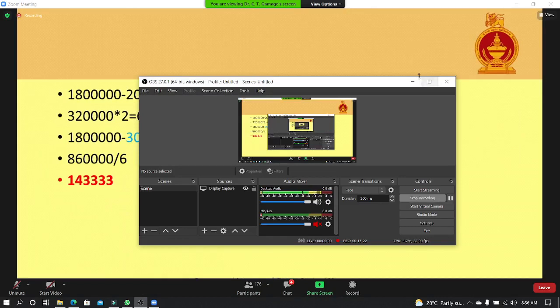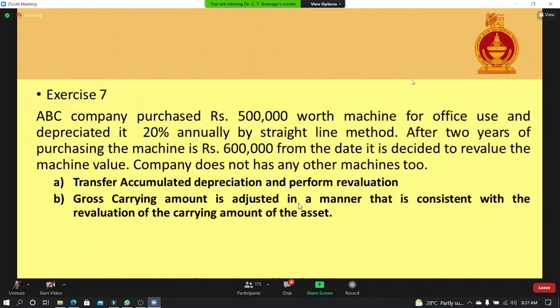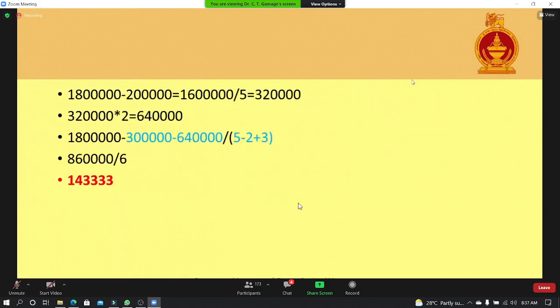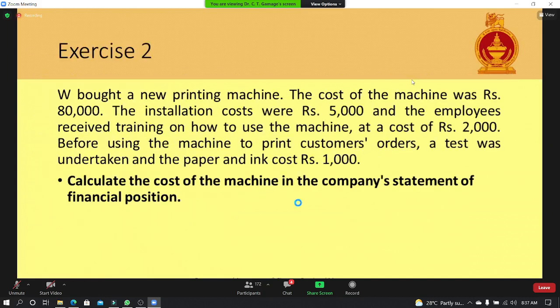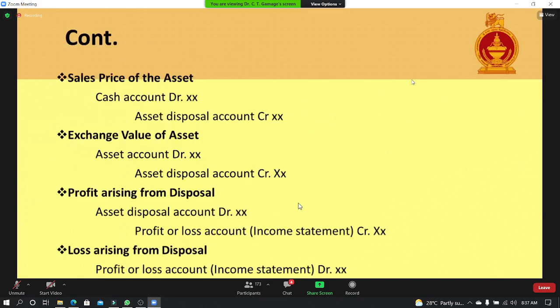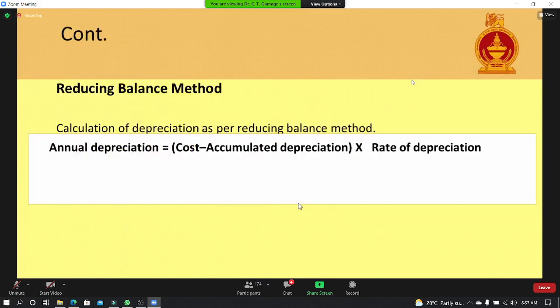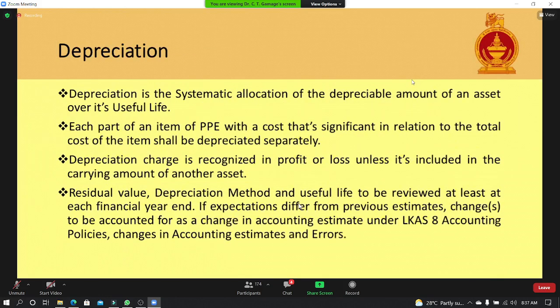Proper understanding about how we calculate this, the calculations. So I would like to go, before that we have to go there again. Our revaluation method, up to that we discussed.